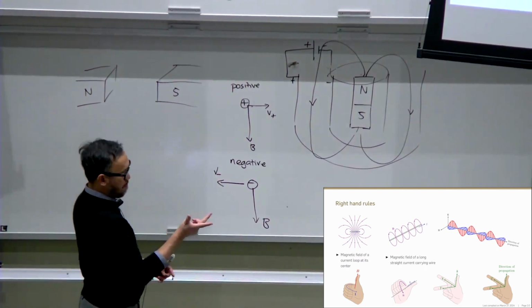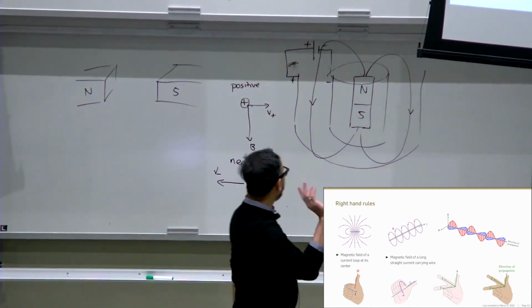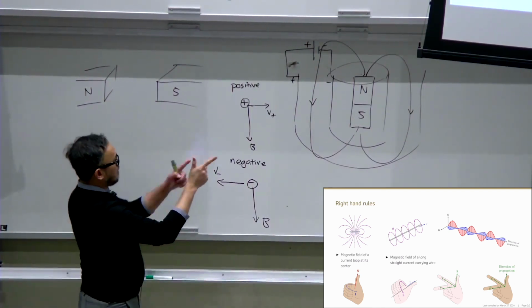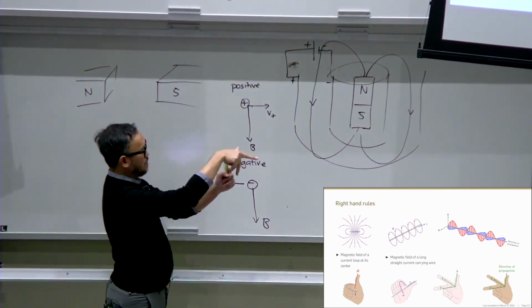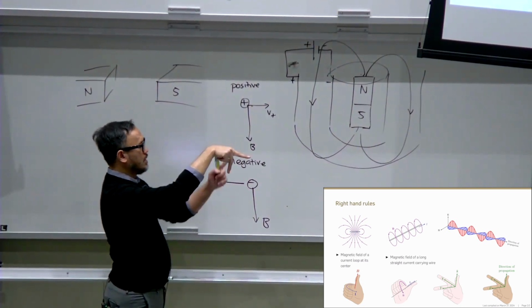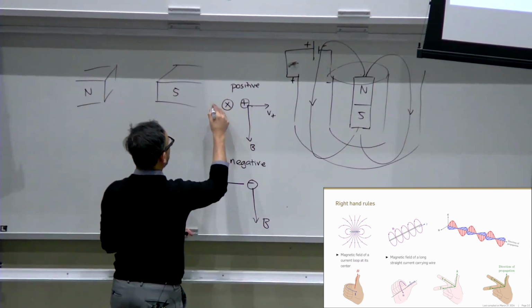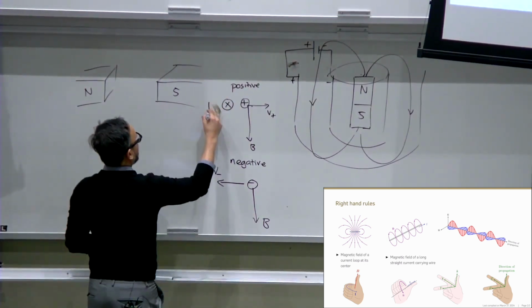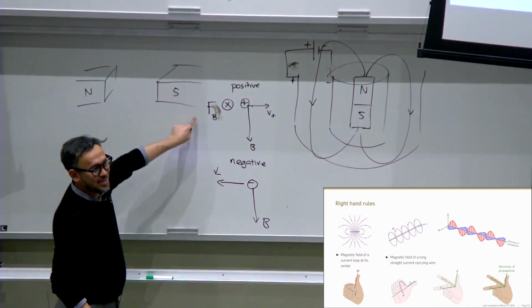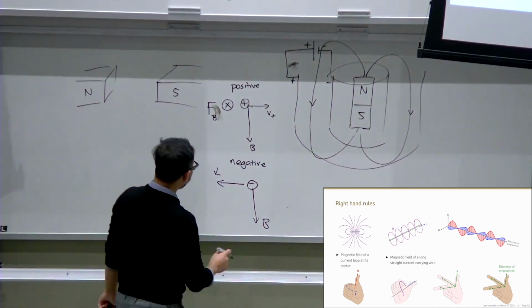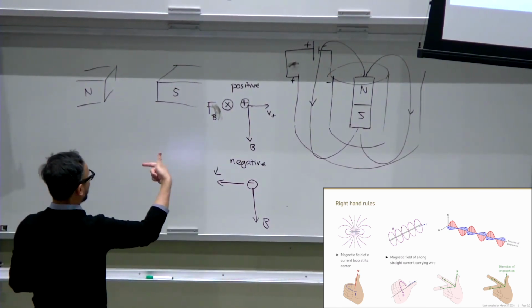Using this right-hand rule, V points this way, magnetic field points down. Magnetic field is my middle finger, and the force points towards the whiteboard. V is your index finger.